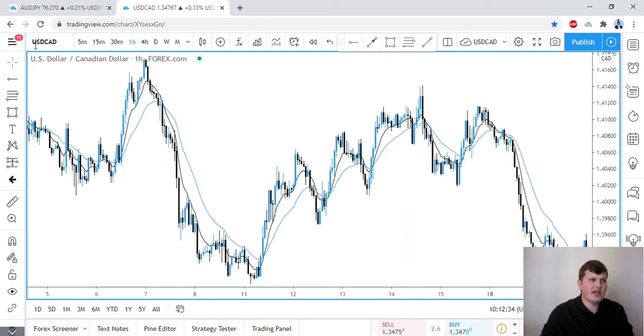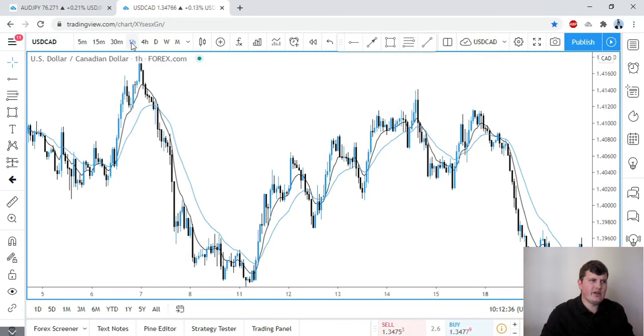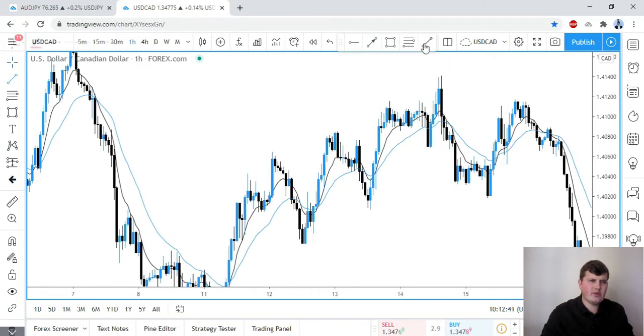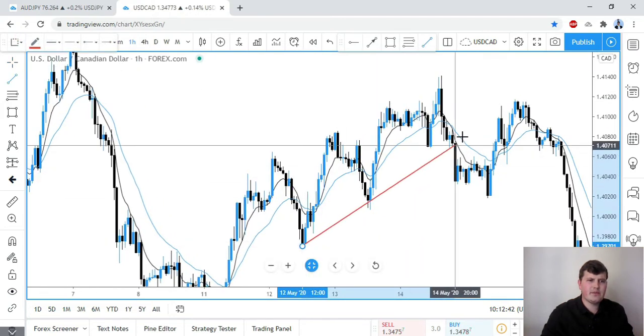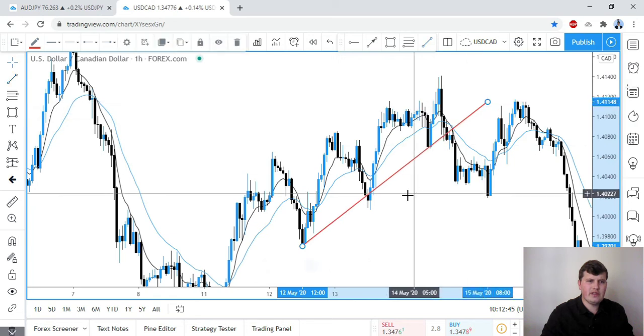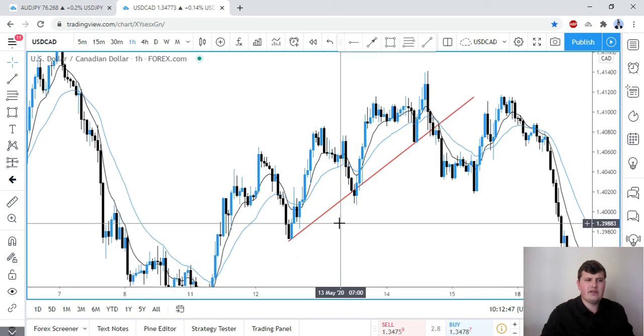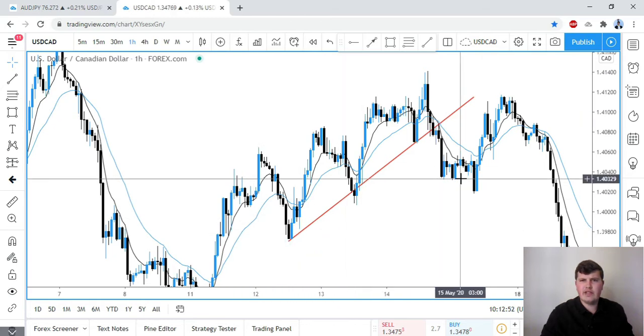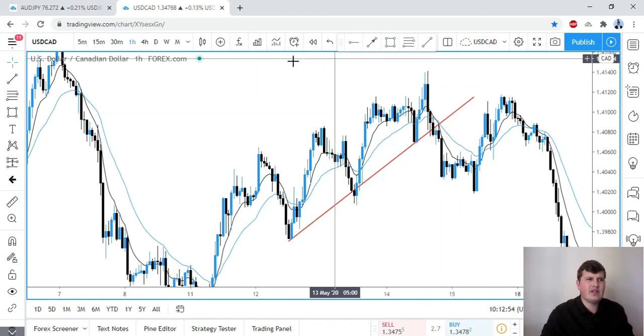So this is the dollar Canadian chart on a 1 hour time frame, and to start drawing the rising wedge, you connect the bottoms of these candles, and remember, on the uptrend you connect the bottoms, and on the downtrend you connect the tops.